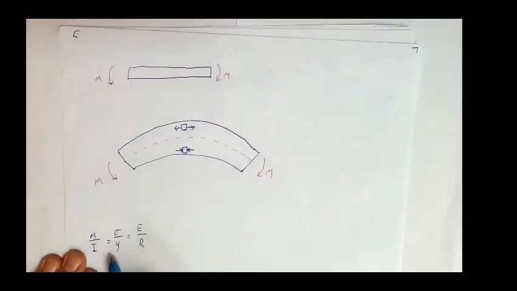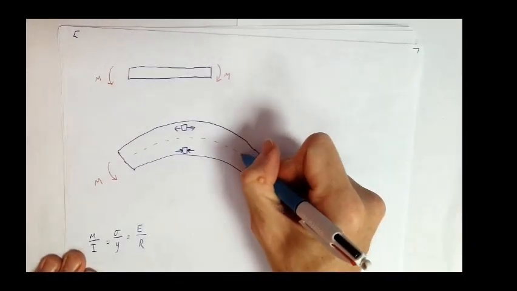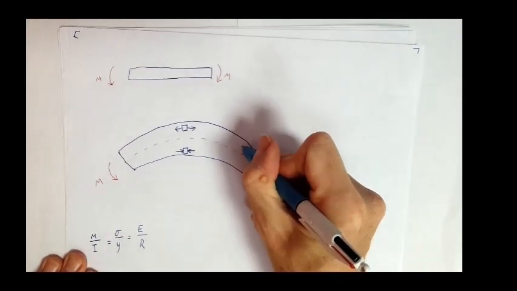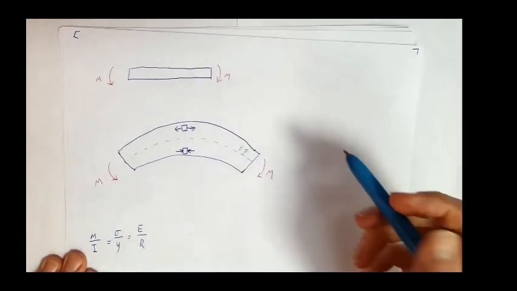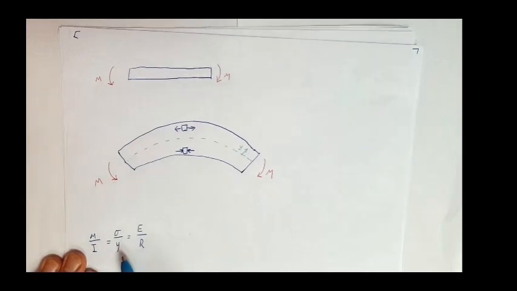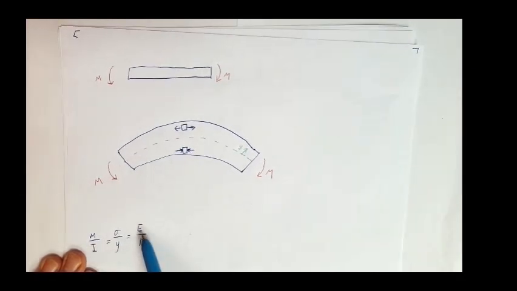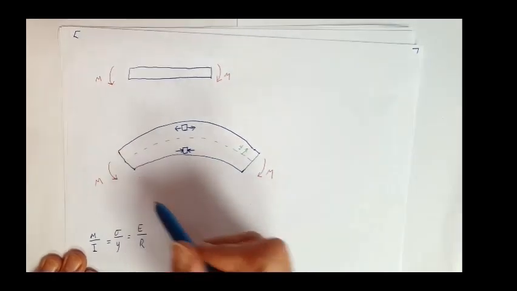So what is Y in this term here? It is the distance from this neutral axis. So as Y increases, the stress increases. E is our Young's modulus, the stiffness of the material, and R is the radius of curvature.